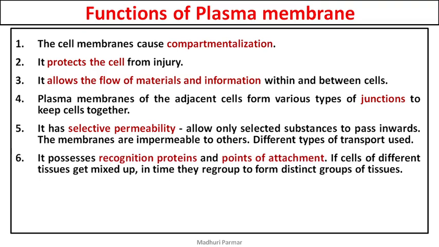It possesses recognition proteins and points of attachment. I'll tell you what this means. Ever wondered how your kidney cells always recognize each other, or cells of your liver are attached to other cells of liver?